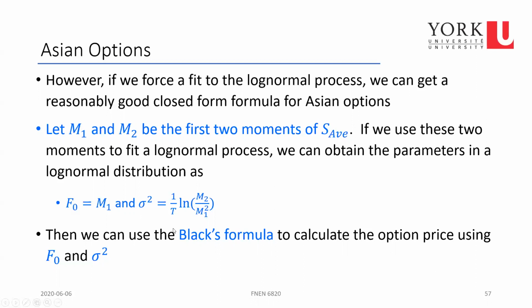Your forward price will be the mean of this S average. And this sigma square will be 1 over T times log of M2, which is the second moment, divided by M1 square. Then you get the F naught and sigma square, and you plug them into Black's formula to price this Asian option.